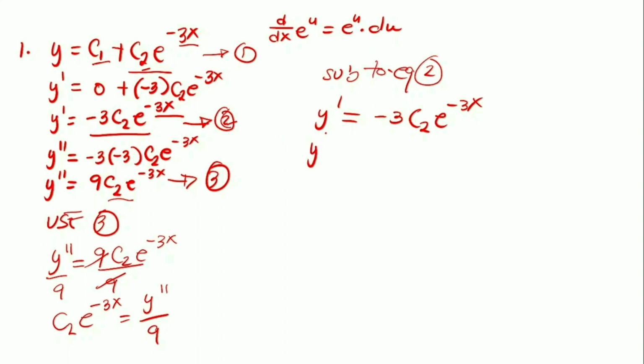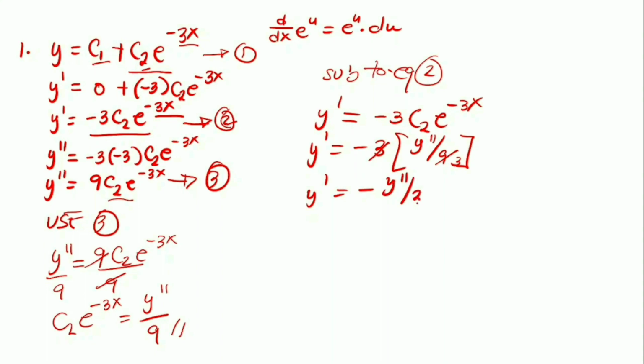After nyan, y prime is equal to negative 3 times, anong value ng c sub 2 e raised to negative 3x? Itong y double prime over 9. So, multiply by y double prime over 9. Cancel 3. So, y prime is equal to negative y double prime over 3.